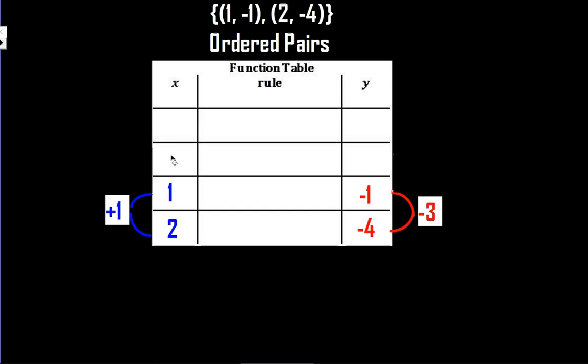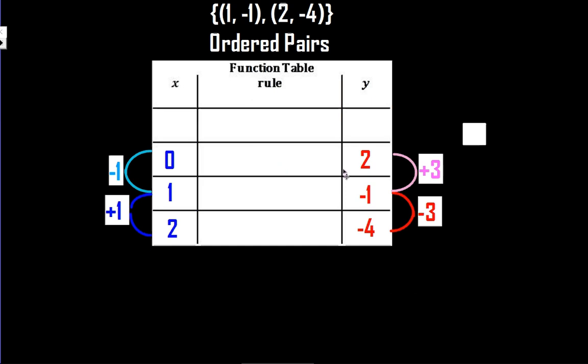We're trying to get 0 as our x value. So we need to go from 1 to 0. How would you go from 1 to 0? Well, you're going to have to take away 1. So now our change in x is going to be -1, and our change in y is going to be +3.